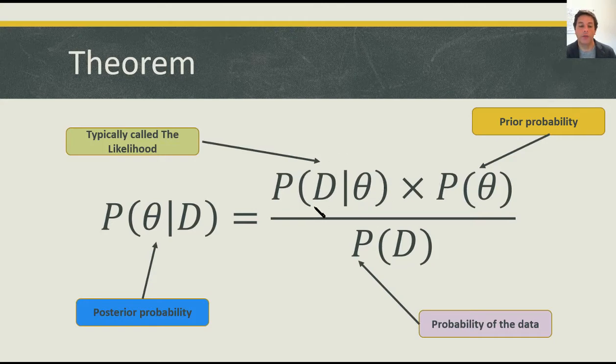Now, this is what's typically called the likelihood. I'm not going to go into details about why I say typically, because it is the likelihood, but I don't like that term. It is a bit complicated to say why, and I'm not going to go into that. But basically it is, what's the probability of the data we observed given different parameter values?